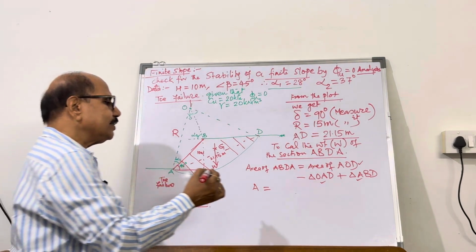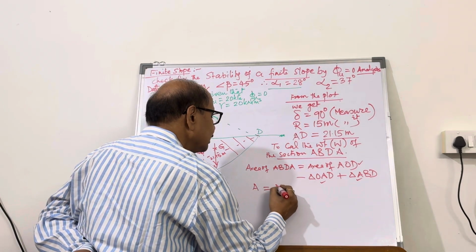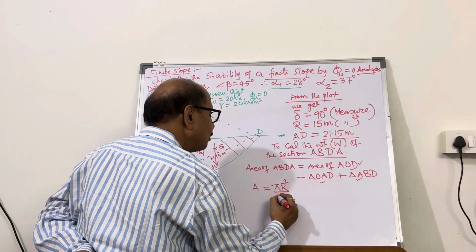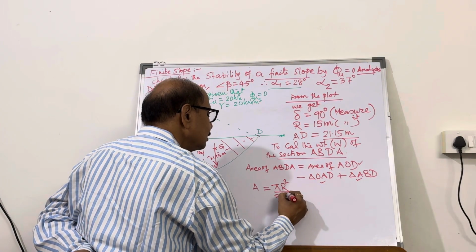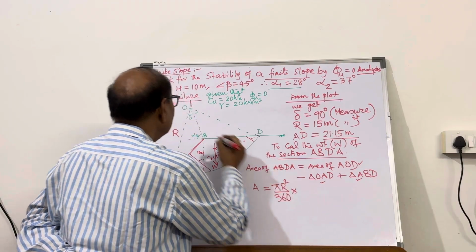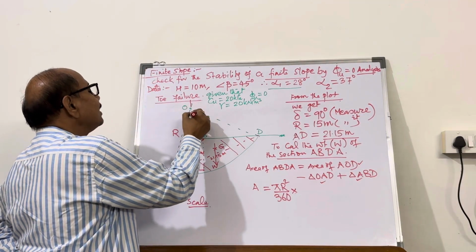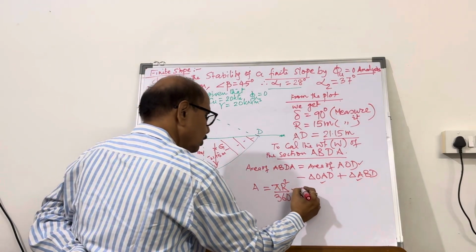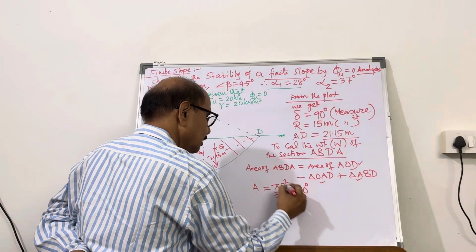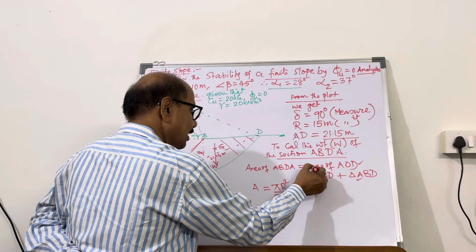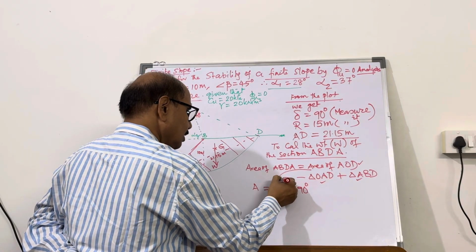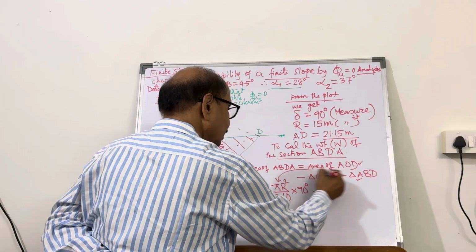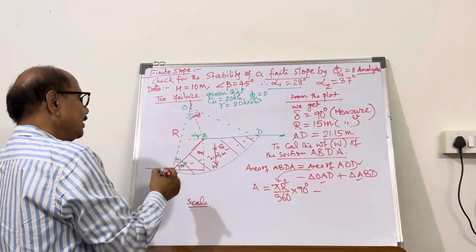If it is a complete circle, it is pi r square, but it is part of a circle. So pi r square over 360 multiplied by the central angle, which is 90, minus triangle OAD.